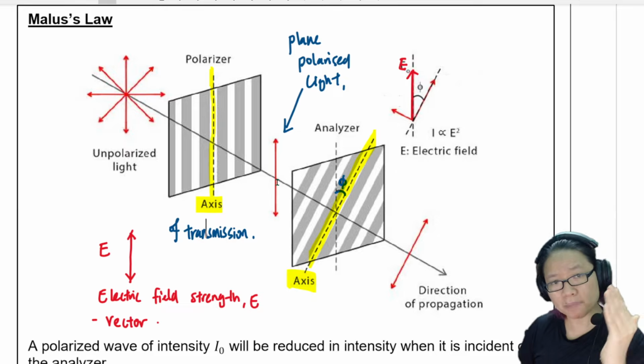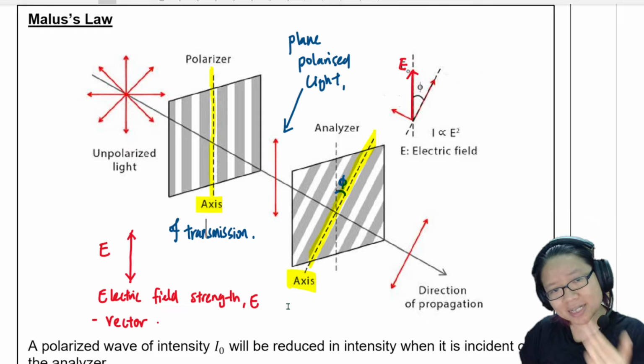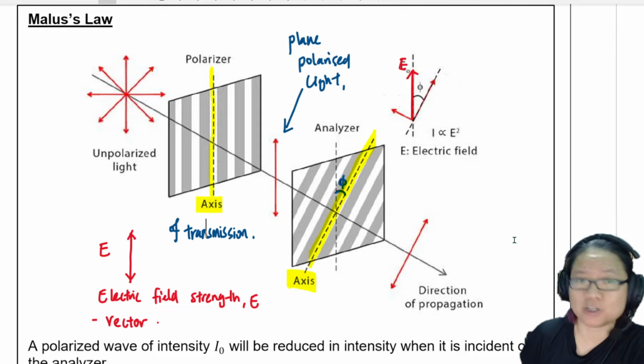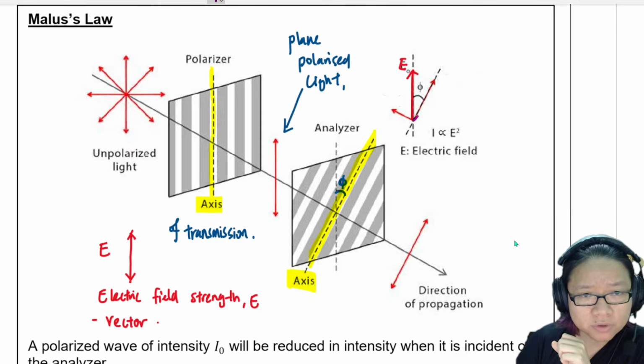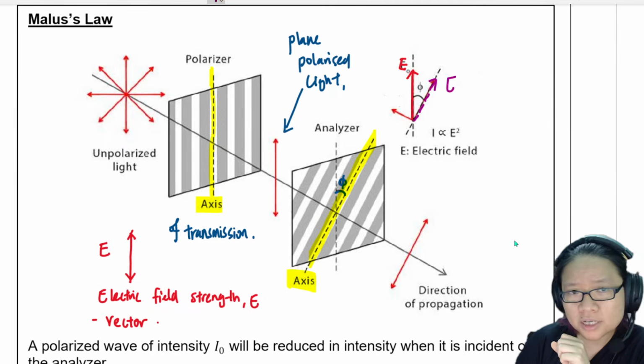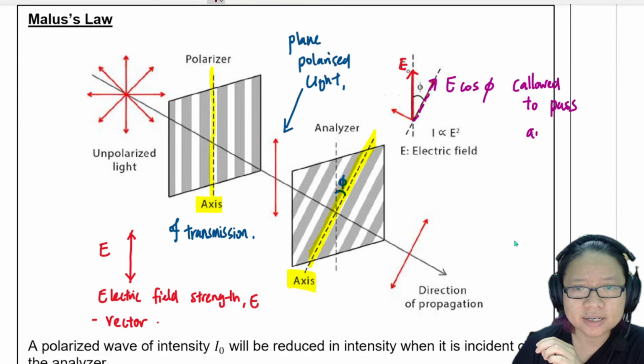Now when it passes through the analyzer, only the part of the vertical that is along the axis of the analyzer will pass through. So by vector resolution, you know this, this will be E cos phi. This one is allowed to pass the analyzer.